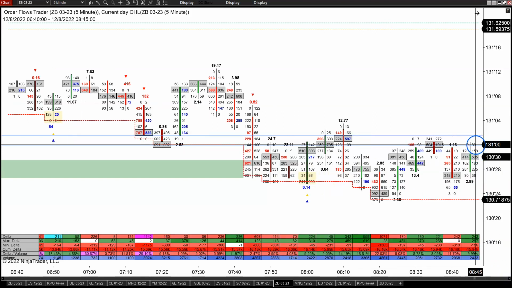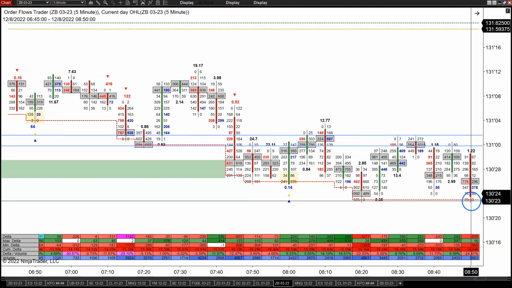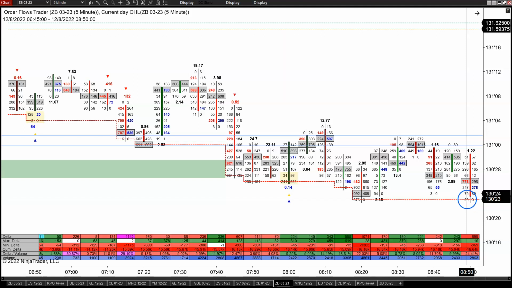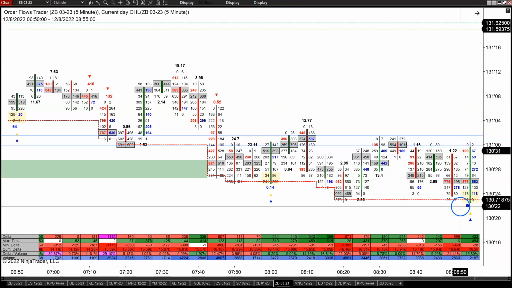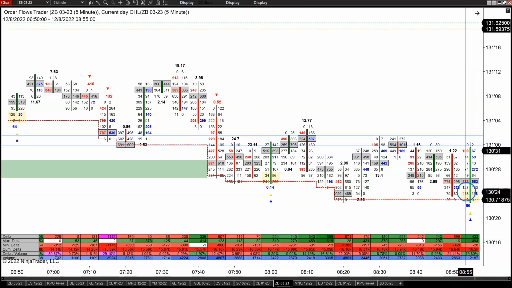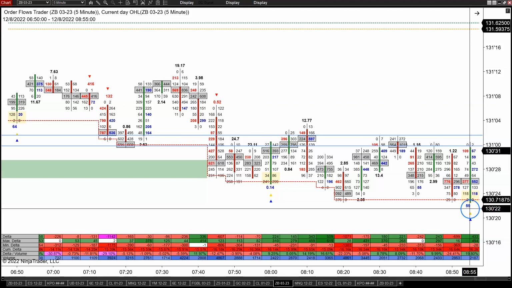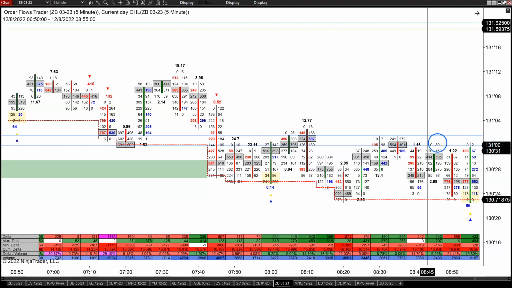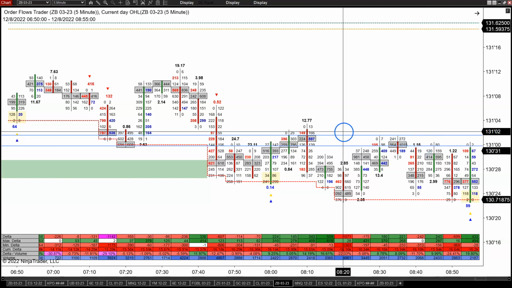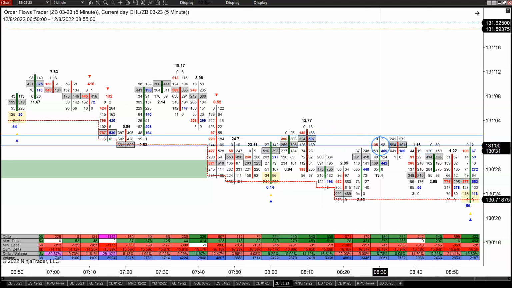Well, we came back up, we hit the double O's, and then we dropped back down to an equal low, 130.23. Now the next bar, this is where it gets interesting, because again we have that divergence and we have a bullish ratio. And we trade back up to that area that I had marked as resistance based on supply in the order flow.